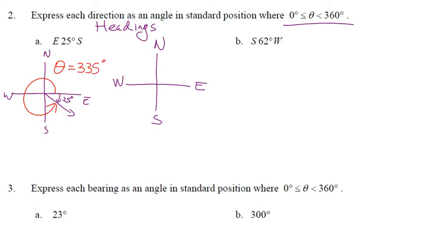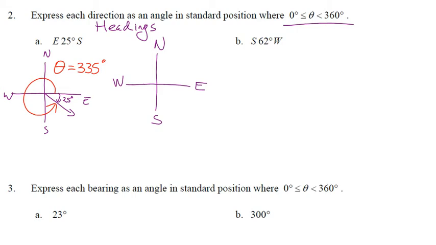What's the reference angle? 25, right? Because we started at the x-axis. When you're going east or west, you're on the x-axis, so whatever your rotation is going to be the reference angle. Now the thing about headings is this number is always going to be less than 90. You're not going to say go east and then go 180 degrees south. Why not just say go west then? So this angle will always be acute, less than 90.